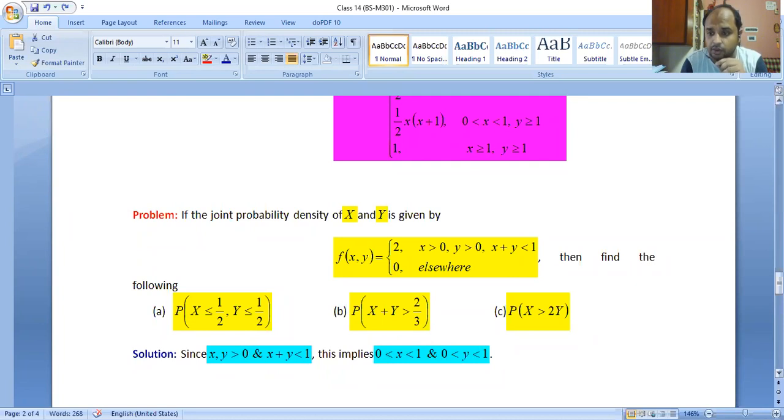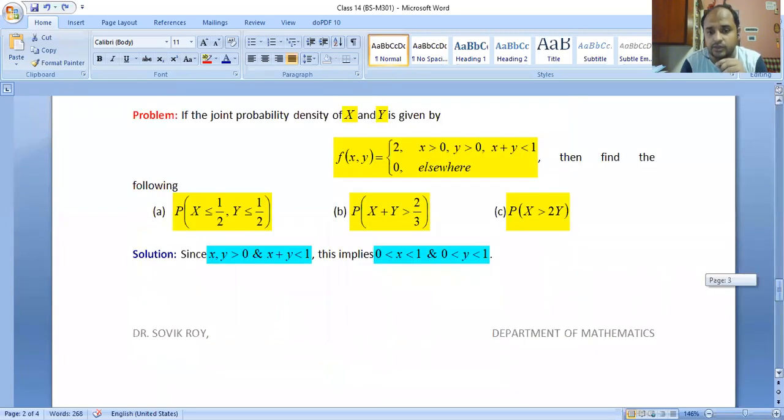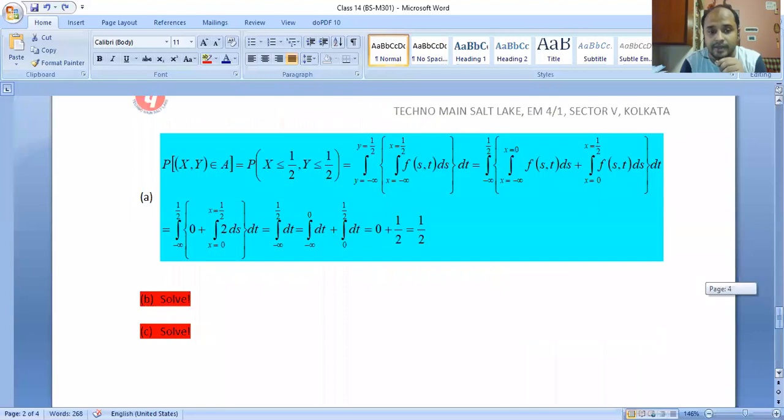The rest is to calculate this probability. X less than half means we are going to integrate from minus infinity to half with respect to y and from minus infinity to half with respect to x. We are going to divide the region of x into 2 halves, minus infinity to 0 and 0 to half.